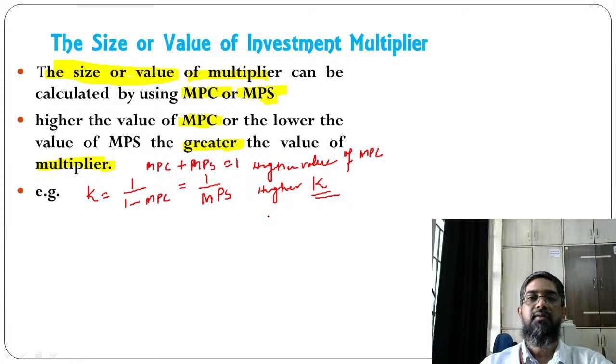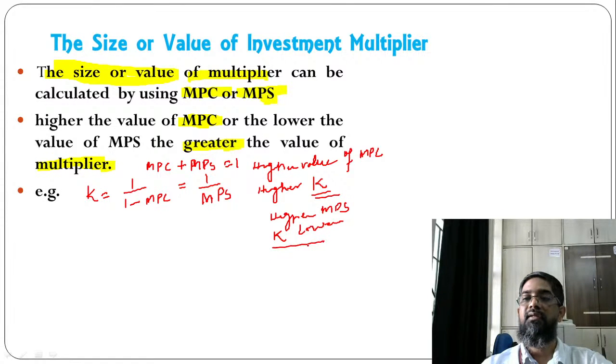But when it comes to MPS, higher the value of MPS, k will be lower, and lower the value of MPS, higher will be the value of k. Is this clear, students, up to here?